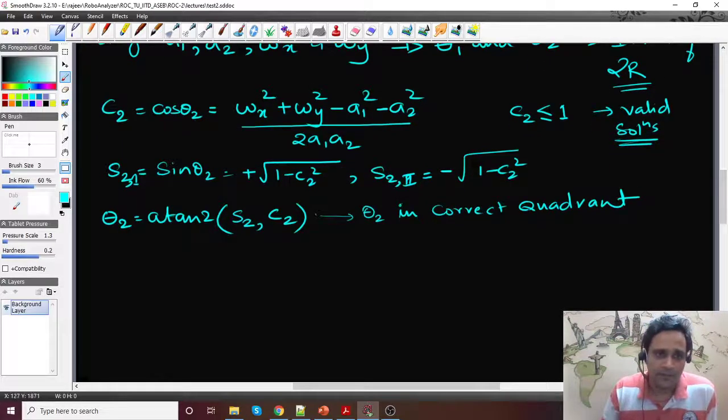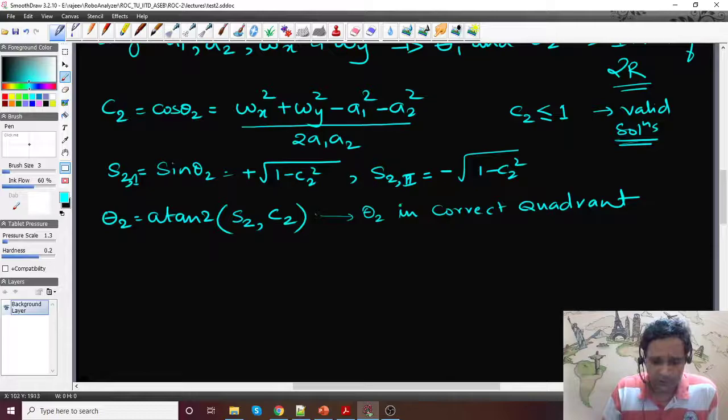Okay, now once theta 2 is determined, we have to find the value of theta 1. To get the value of theta 1, there is a manipulation that we had done in the 2R manipulator. Please look at those, some trigonometric jugglery we have done.